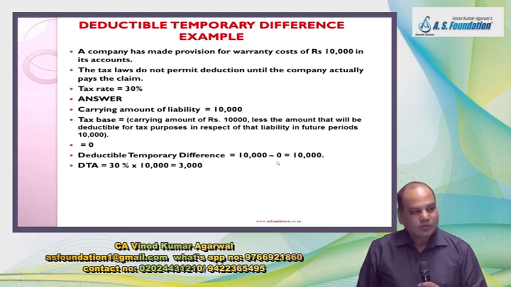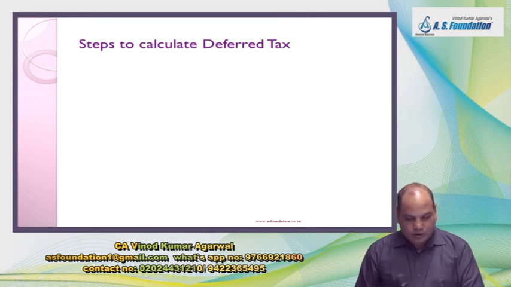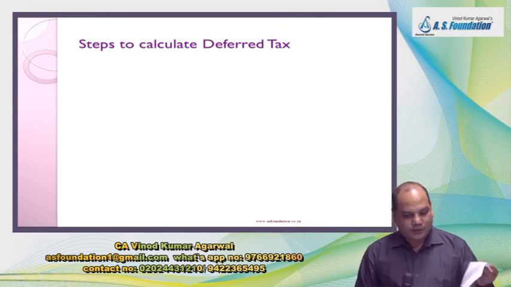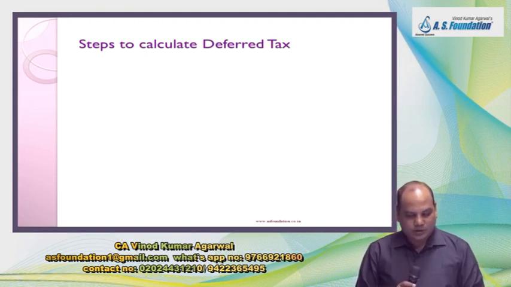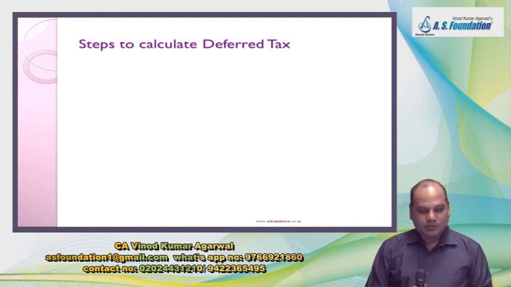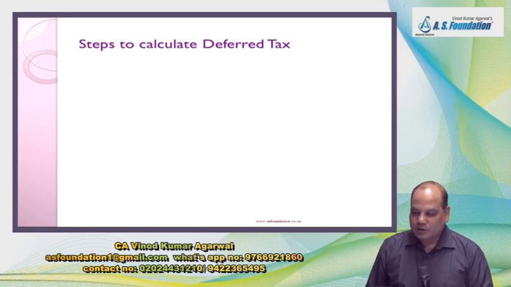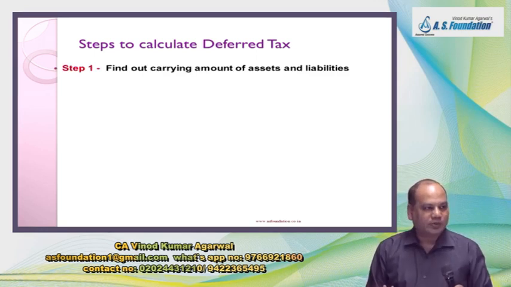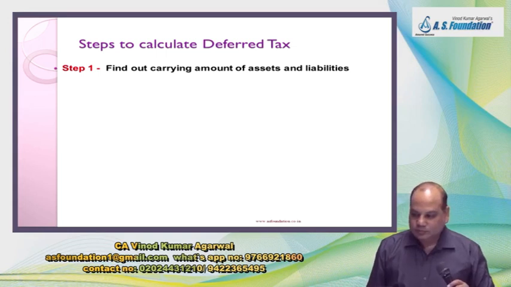Therefore DTA 3,000. Okay, right. Then steps to calculate deferred tax asset or deferred tax liability. So after this basic understanding, now you can solve many basic questions. That means fundamentally you have learned this chapter. After that only special issues will arise.